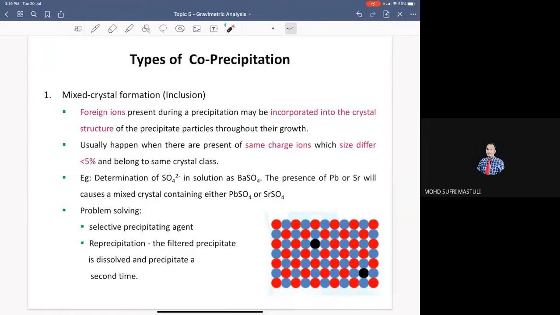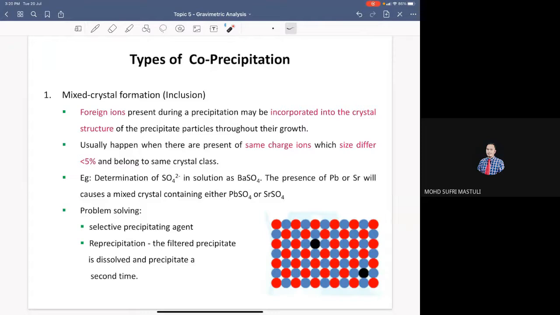Foreign ions or other ions present during the precipitation may be incorporated into the crystal structure of the precipitate particles throughout the growth. So for example, this is the crystal structure of the analyte precipitate, but the foreign ion is also incorporated into its crystal structure.